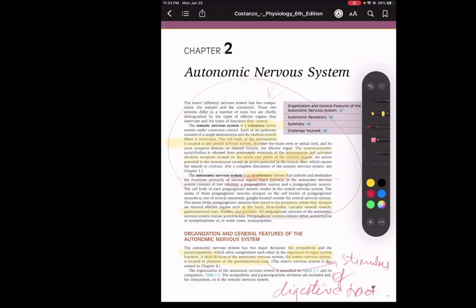I told you the visceral effector organs are smooth muscles and cardiac muscles. They list the heart, bronchioles, vascular smooth muscle, gastrointestinal tract, bladder, and genitalia.